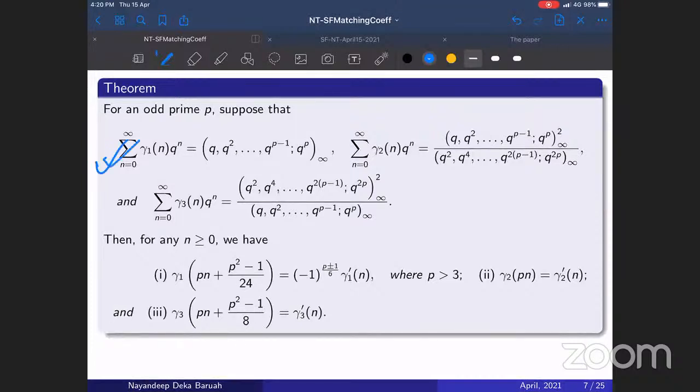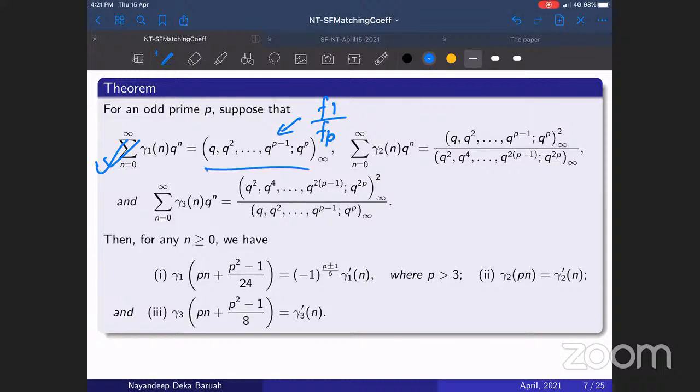Is it visible? So I denote gamma 1n by q square, then qp minus 1 and qp. Okay, so that is nothing but f1 by fp actually. So we have written in terms of only q products because your fp means qp, and that will be cancelled out. So only we are left with this product.